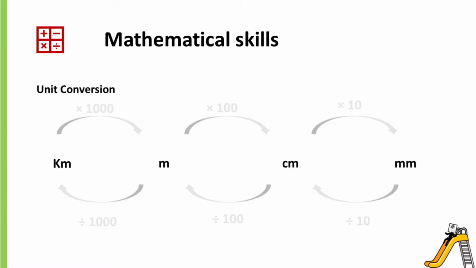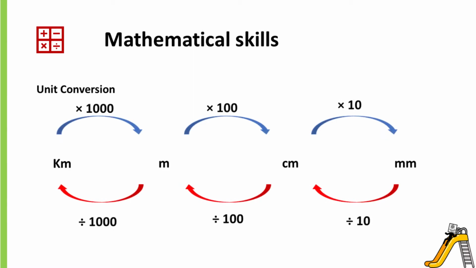So you can pause the video at those points in order to have a look at it. From kilometer to a meter is a factor of 1,000. From meter to centimeter is a factor of 100. And from centimeter to millimeter is a factor of 10. That is to say, 10 millimeters will make a centimeter, 100 centimeters will make a meter, and then 1,000 meters will make a kilometer. And that is basically what the slide here is telling you.